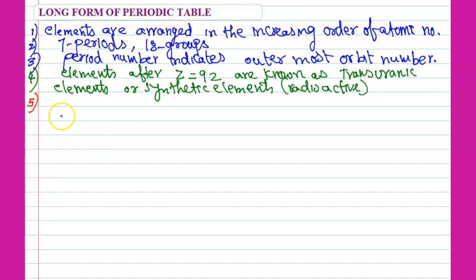Next, fifth point. Normally in the long form of periodic table, groups 8, 9, 10 are combinedly called the eighth group.